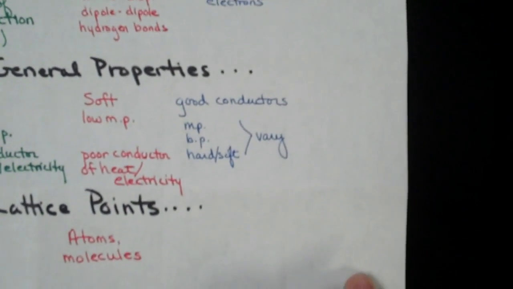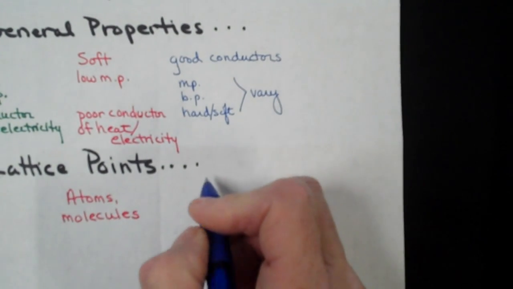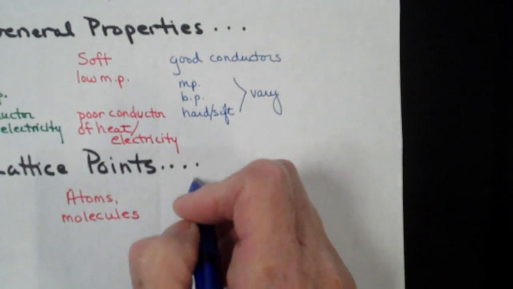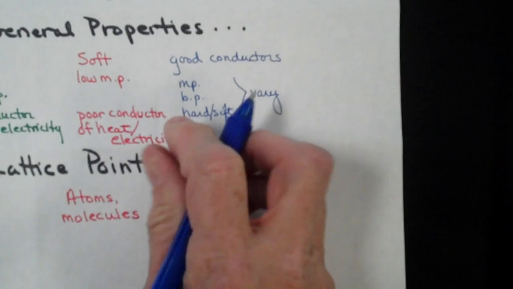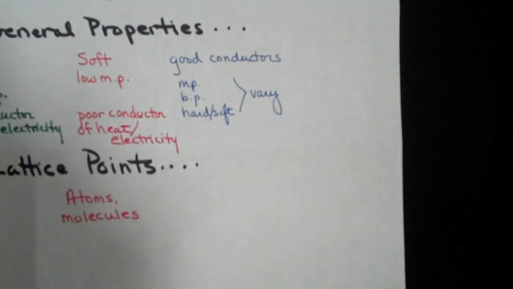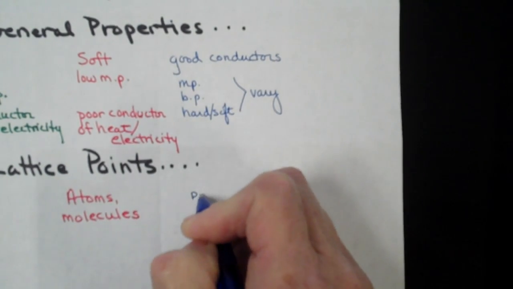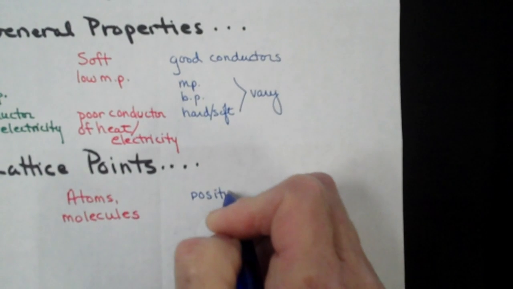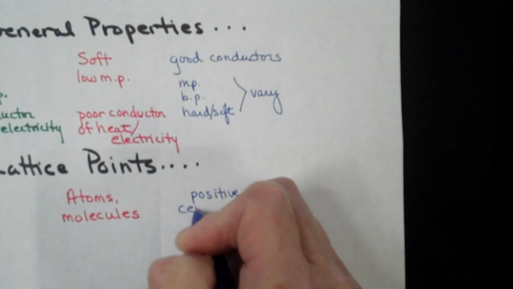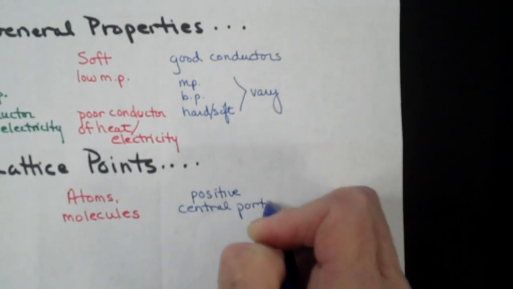And what we have at the lattice points in these are going to be the kernels. I guess we would describe these as, let me see, how would I want to put this? Well, it's going to be the kernels of the atoms. So I guess the positive ion. We'll continue this later.